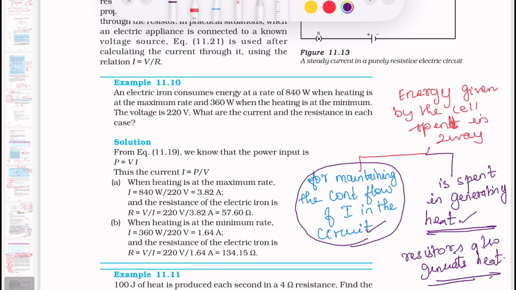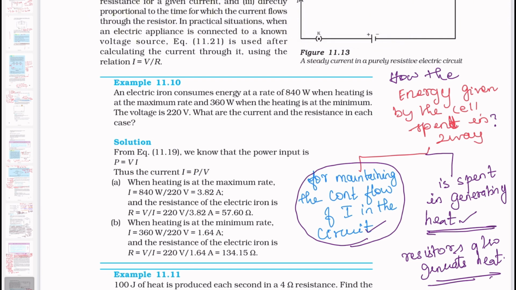So this is the next question. How is the energy given by the cell spent? It is spent in two ways. One is for maintaining the continuous flow of current in the circuit. The other way is spent in generating heat.